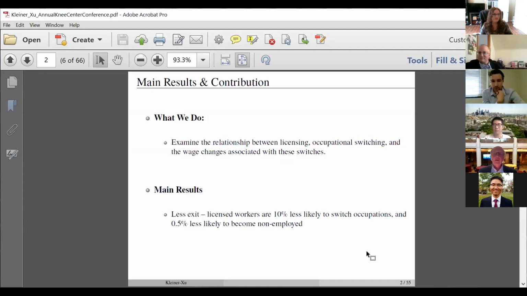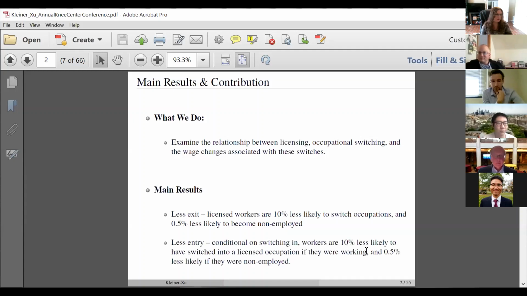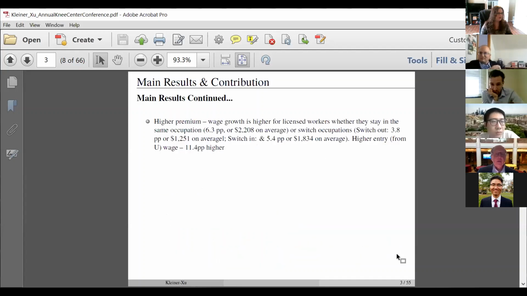Non-employed doesn't mean unemployment, unlike the first paper; are they moving from being employed, either dropping out of the workforce or becoming unemployed. Also, conditional on switching in, workers are 10% less likely to have switched into a licensed occupation if they were working, and about 0.5% less likely if they were not employed.